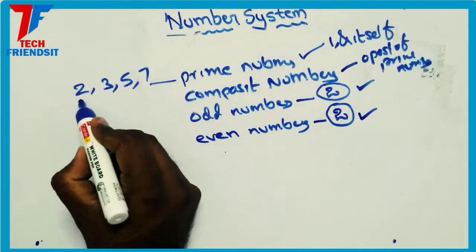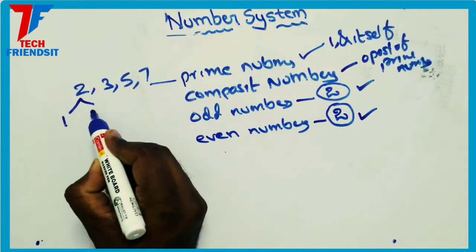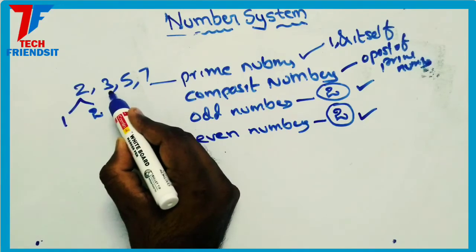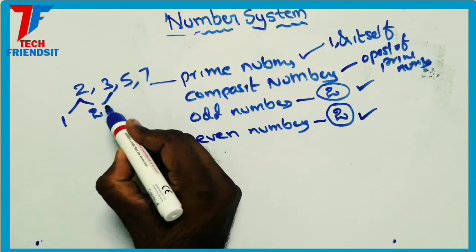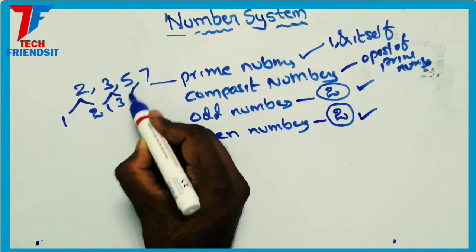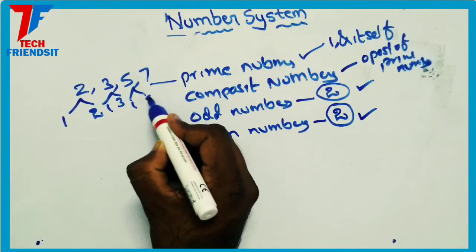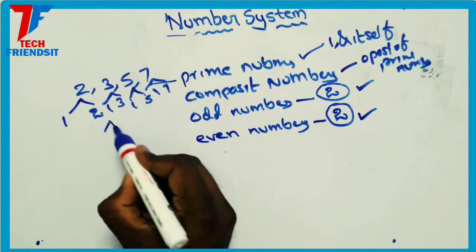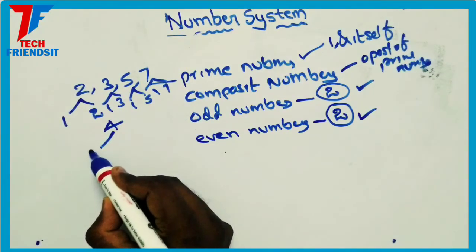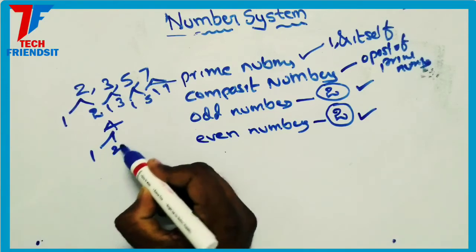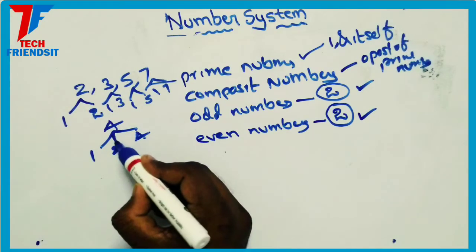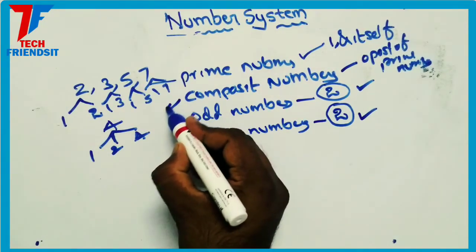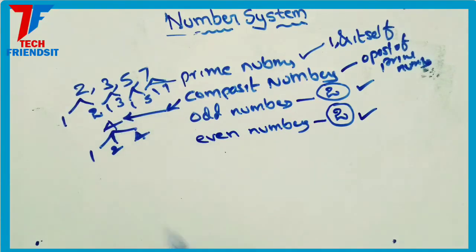See, 2 has only 1 and 2. Here also 1 and 3. 5 also 1 and 5. 7 also 1 and 7. If you take 4, 4 has 1, 2 and 4. Next, composite numbers. 4 is called composite. Why? It is not a prime number, so we will call it a composite number.